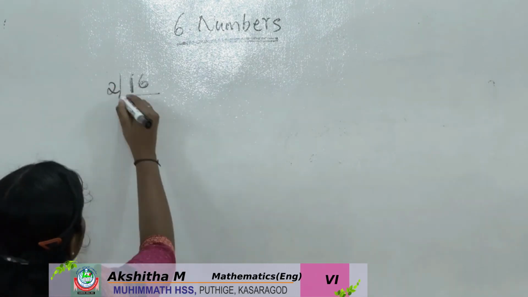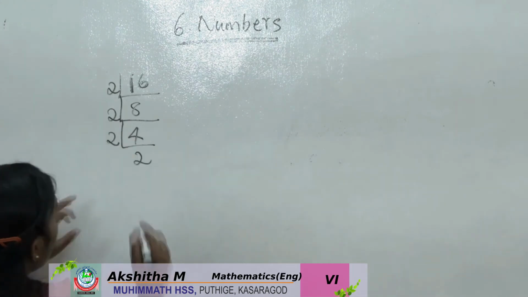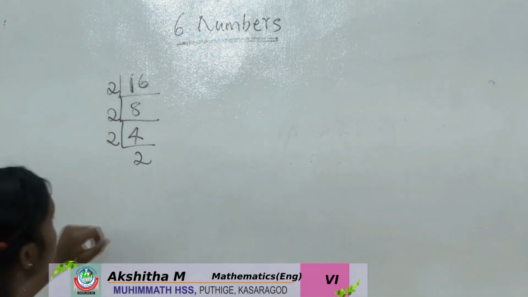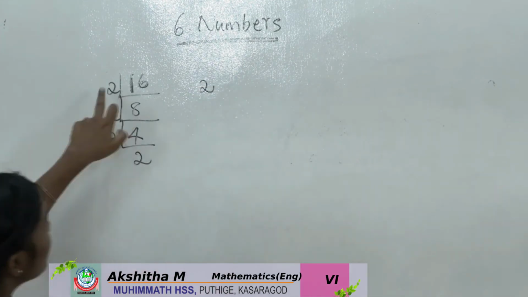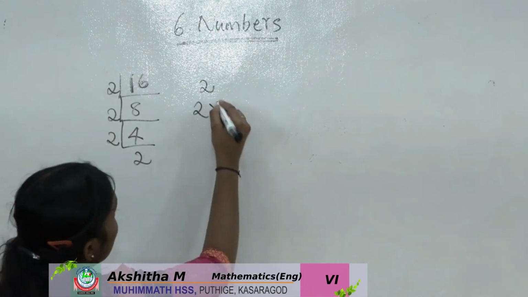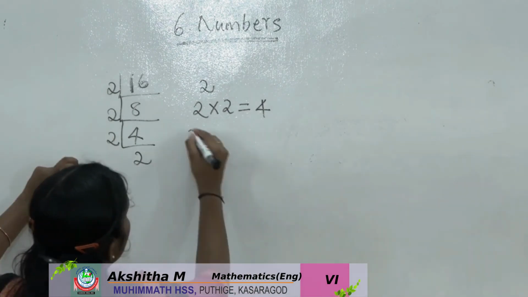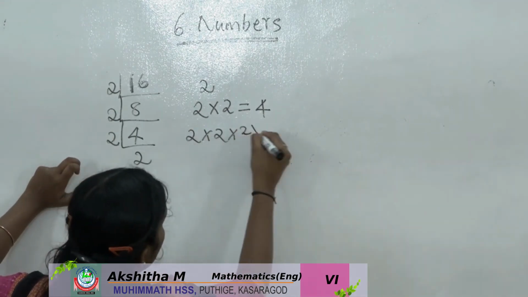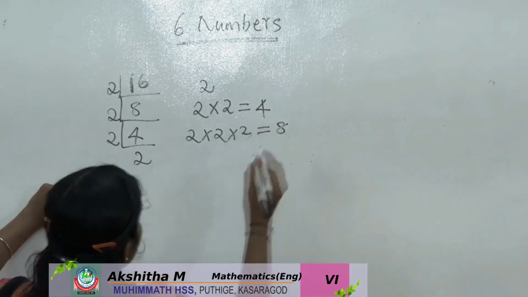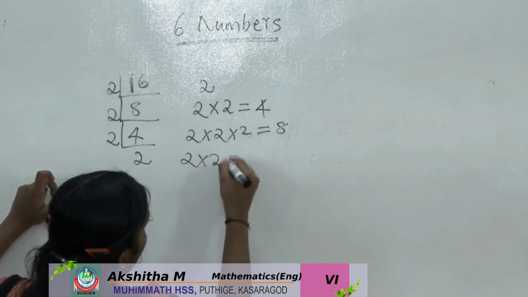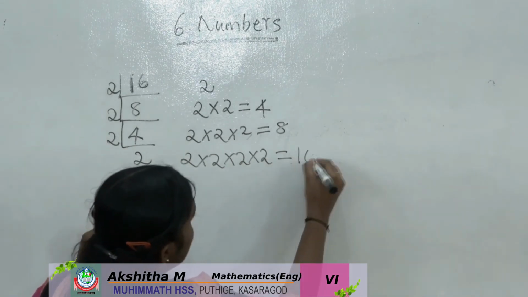8 twos are 16, 4 twos are 8, 2 twos are 4. So we can write 1 two is 2, 2 twos are 4, 3 twos are 8, and 4 twos are 16.